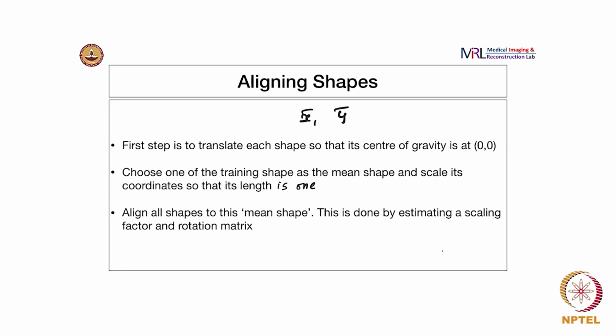The second step is to choose one of the training shapes as a mean shape and scale its coordinates so that if you calculate its length, it's unity.